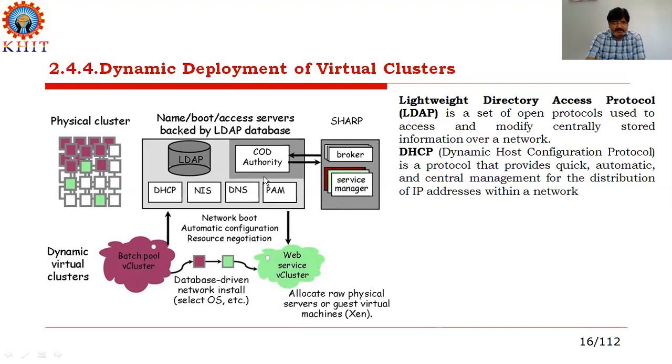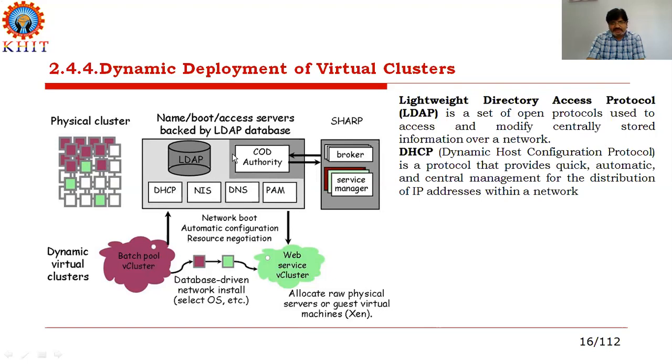In this database, we use one protocol called DHCP, that means Dynamic Host Configuration Protocol, which provides automatic, quick, and central management of the distribution of IP addresses within the network, whereas DNS, Domain Name Service, is also another set of protocols which can be easily controlled or managed by a database device.